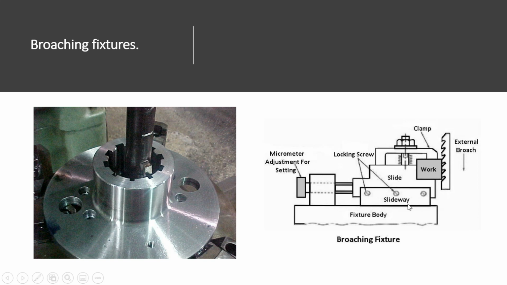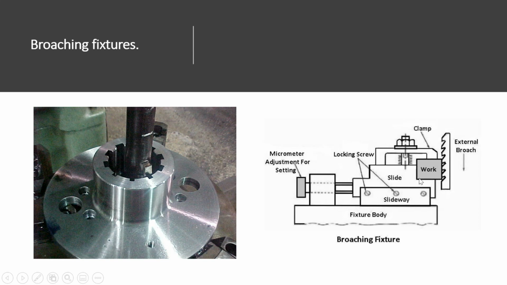But if you observe, there is a slideway and an adjustment attachment made in order to slide the slider on these slideways, so that this workpiece can be slid along the left-right direction.